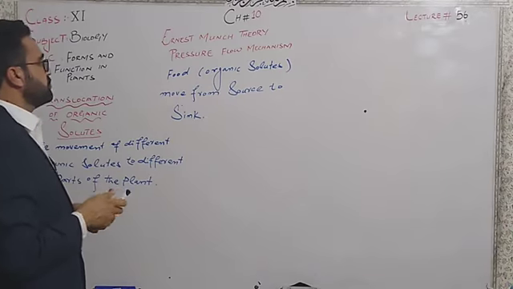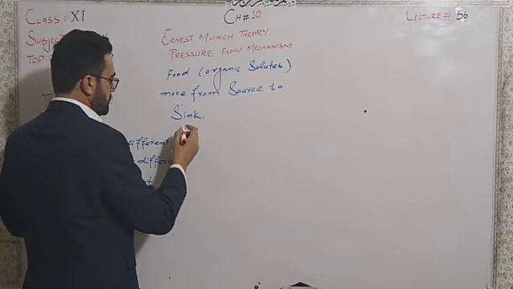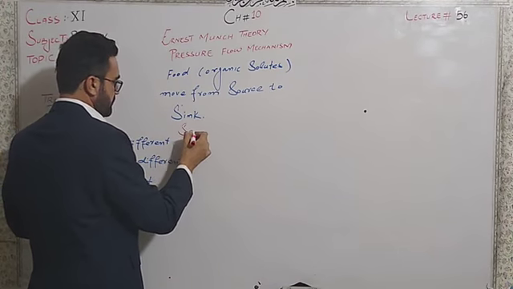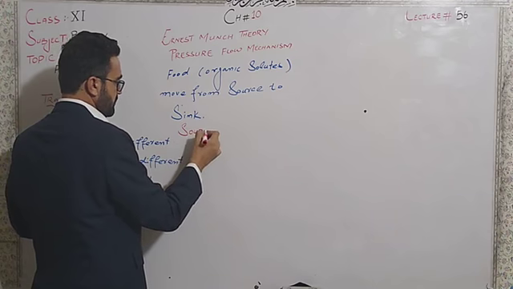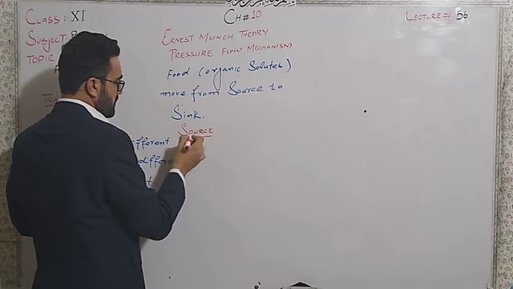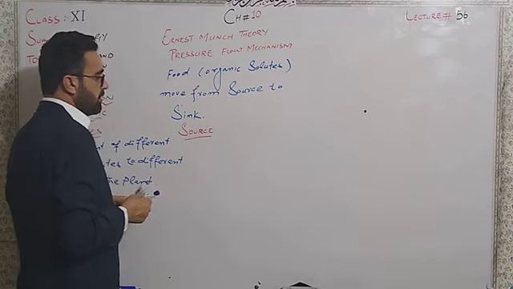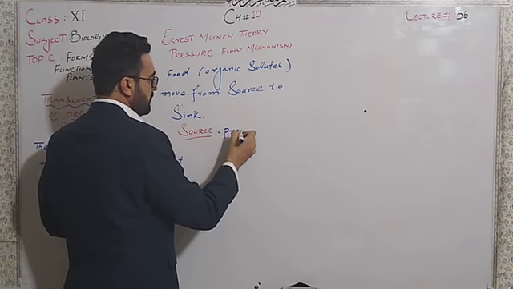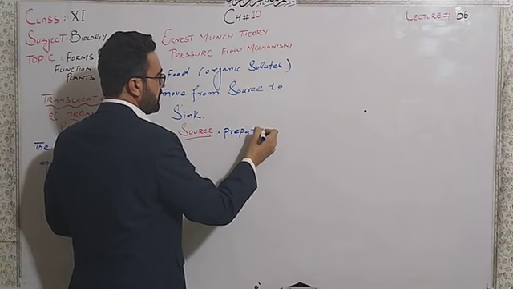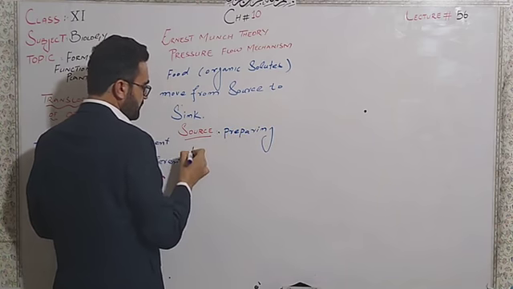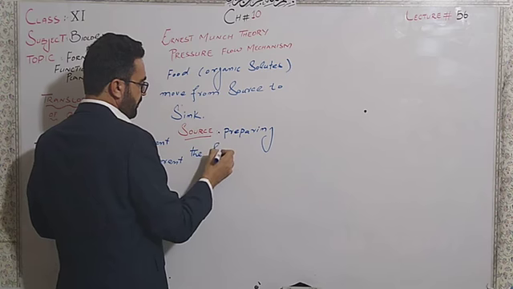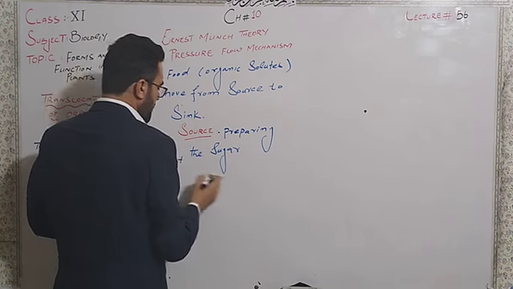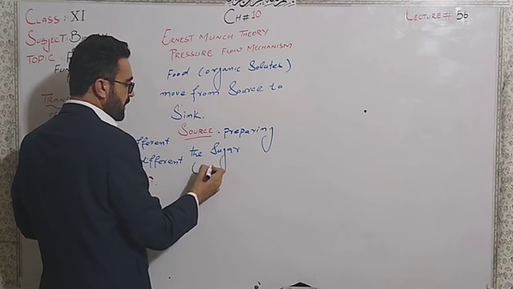Now, first of all, what is source? Source is the part of the plant which is preparing the food, preparing the sugar, and definitely these are the green parts of the leaf.